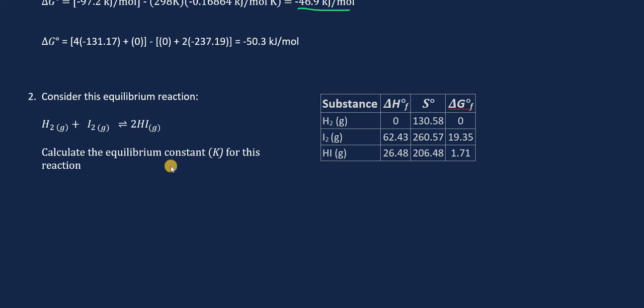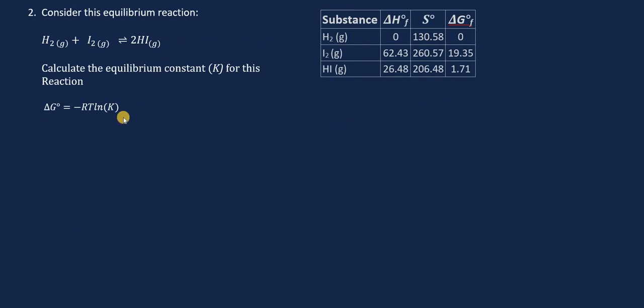We've been told that the reaction is at equilibrium because we're being asked to solve for K. And when you've been asked to solve for K, you're going to use the equation that we talked about when the reaction is at equilibrium. That was this equation here, where the delta G prime of your reaction is equal to negative RT ln of K. And our goal in this question is to solve for K.